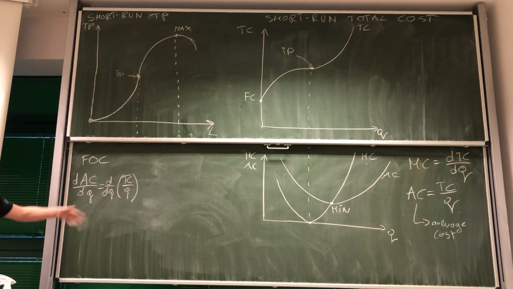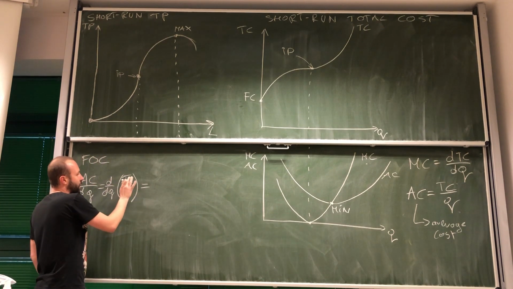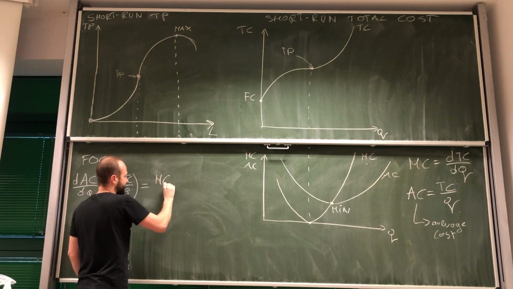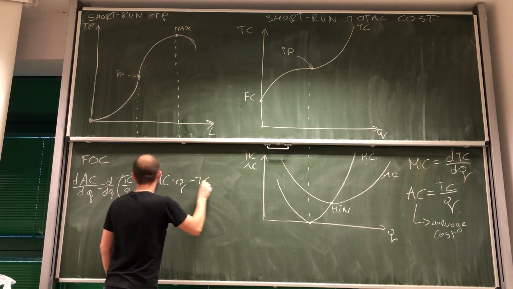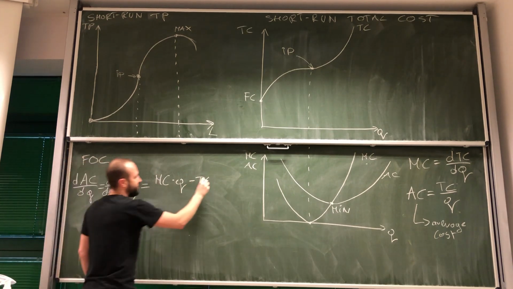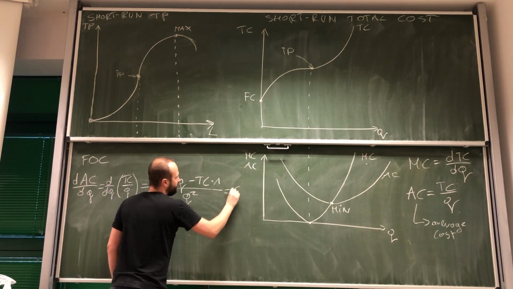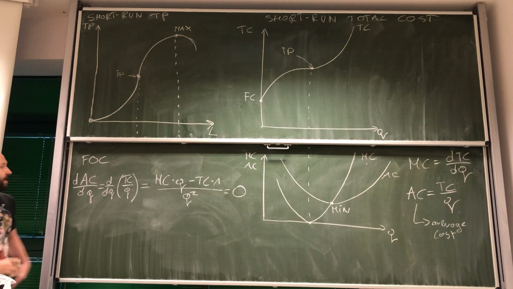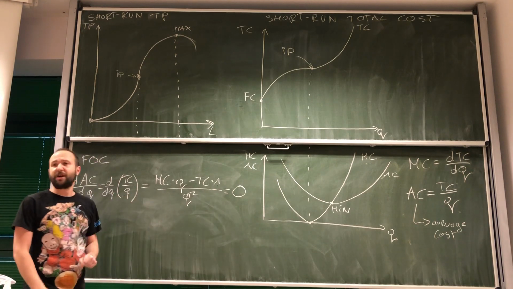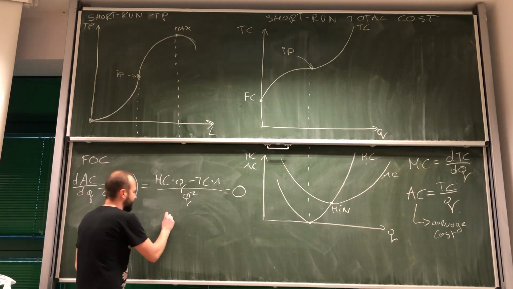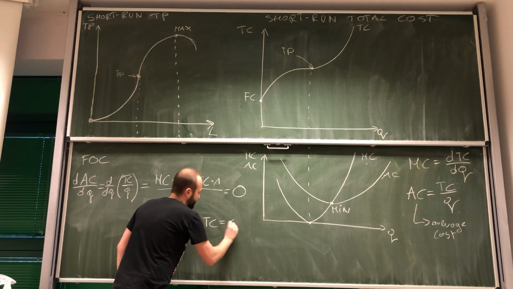And if I'm doing this, again, I need to use the quotient rule. And now look, first derivative of total cost is marginal cost times quantity minus total cost times first derivative of quantity, which is 1, divided by quantity squared equals to 0. And look, again, this one doesn't change anything. Q is not introducing anything to us, so we get marginal cost times quantity minus total cost is equal to 0.